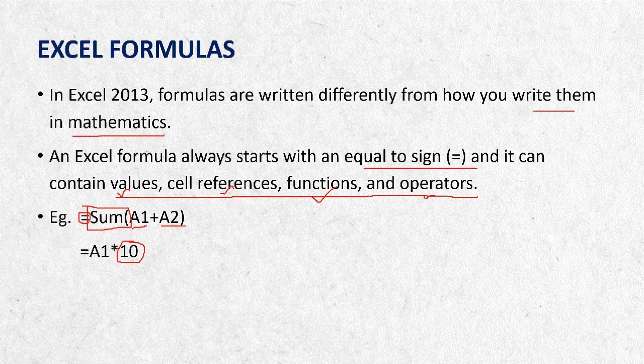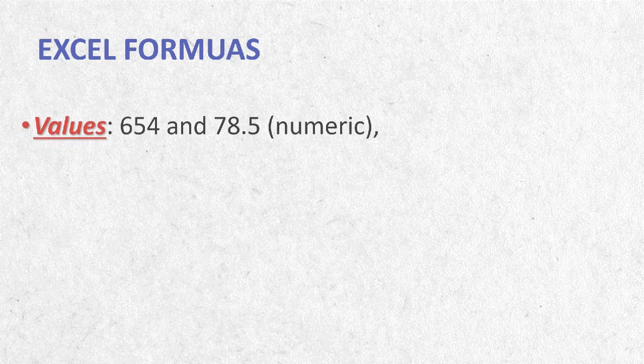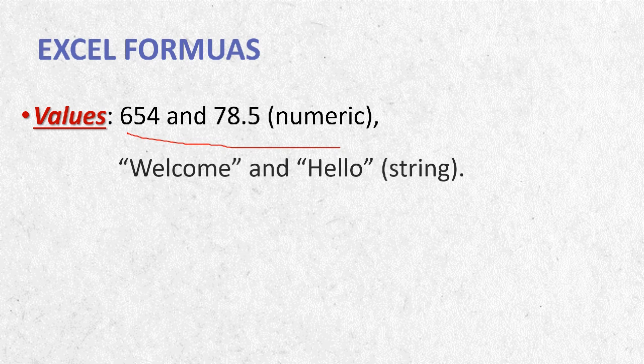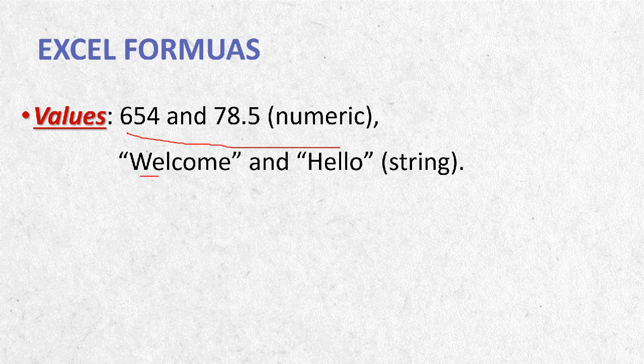And operators. Operators in the sense of plus, minus, right? The star symbol denotes multiplication. Similarly, other operators are also there. Let's see this in detail now. Values: numeric values, that is numbers, and string values, that is characters, alphabets.